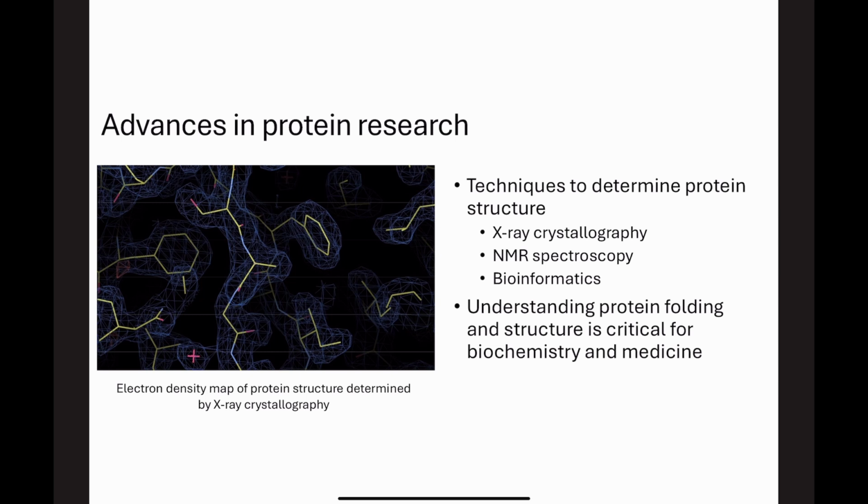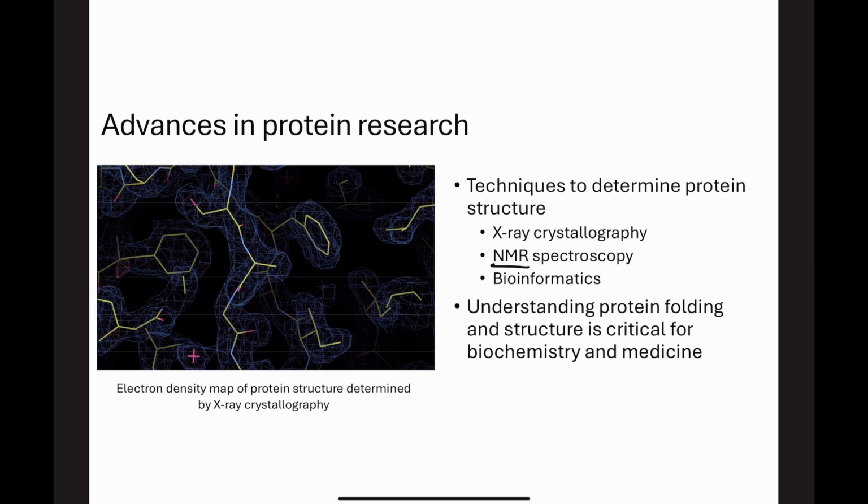X-ray crystallography is going to determine the three-dimensional structure of a protein, but it requires the protein to be crystallized, and that crystallization can lead to aberrations in its structure or the way that we see things. So we have 2 different options, which are nuclear magnetic resonance, NMR spectroscopy, and bioinformatics.